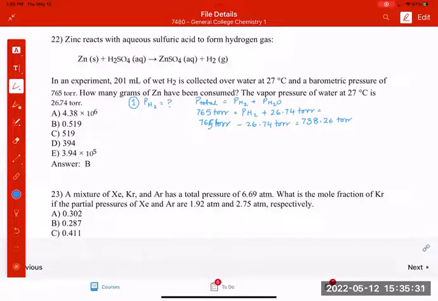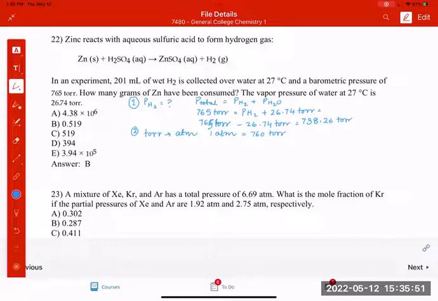Okay, but in these problems we are going to be using the ideal gas law, so we need to convert torr to atm, because we're going to be finding the moles of hydrogen. 1 atm is equal to 760 torr.